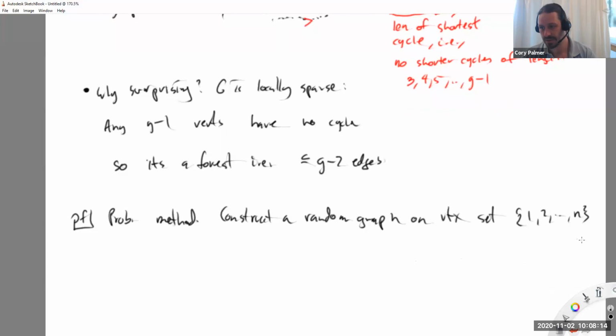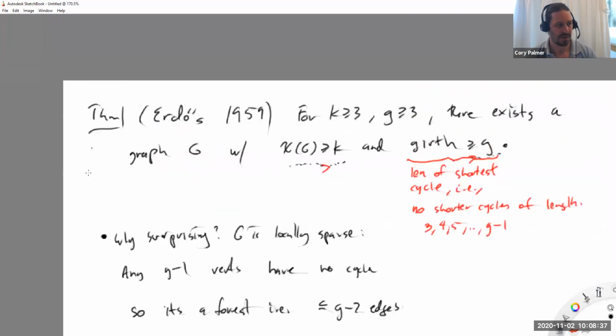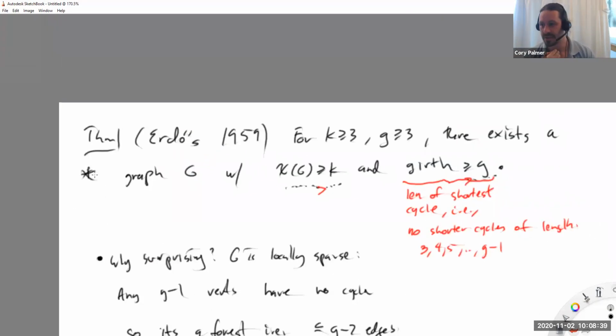What happens though, and this is typical when you construct random graphs, the graph we construct is going to be a labeled graph. Labeled graphs are much easier to keep track of the probability of certain structures occurring. So you look at a set of vertices and it's different from a set of vertices somewhere else because of the labels. Now, that's not an issue when you're trying to prove the existence of something, because if I want to prove that there exists such a graph of this type, and the graph that I construct is labeled, well, it still exists as an unlabeled graph, just ignore the labels, right?